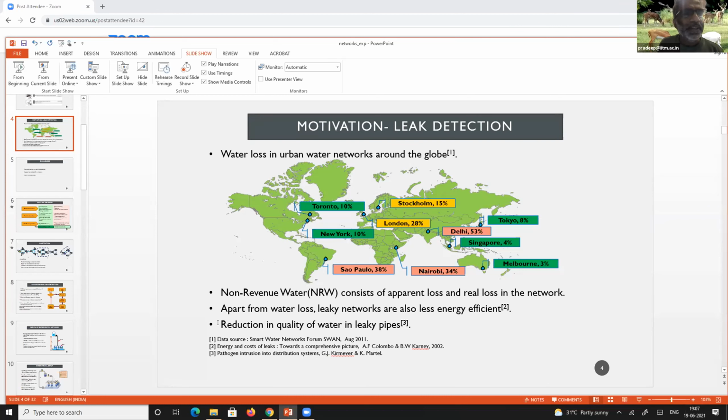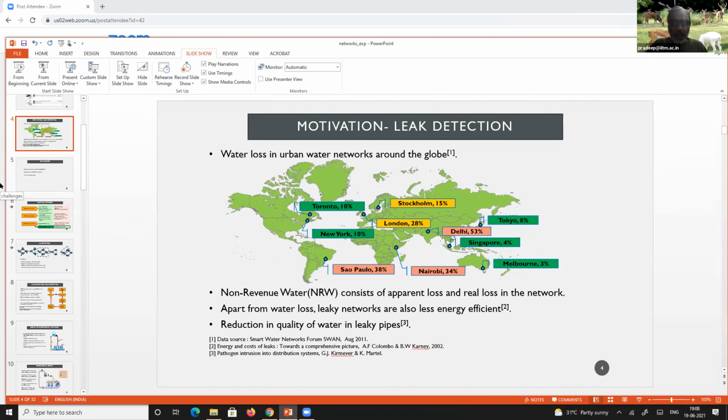Out of another interest, among developing countries, where do you have the lowest leakage? Is this because of better control of the networks, or better social awareness? You talked about several cities here where leakages are noted.